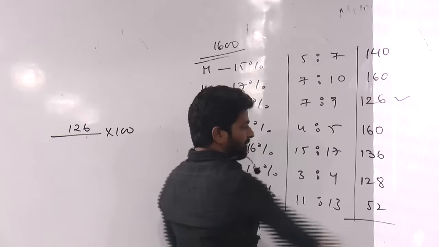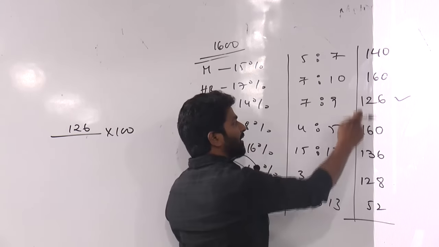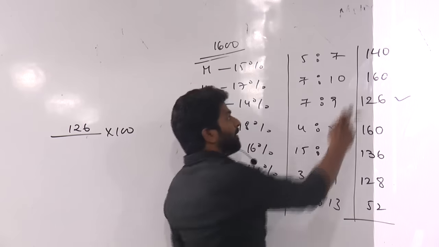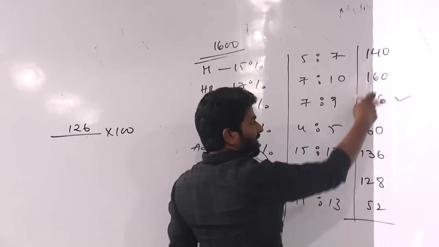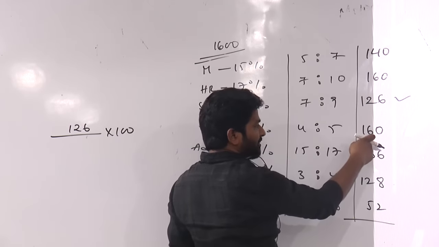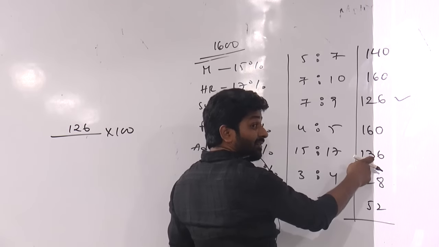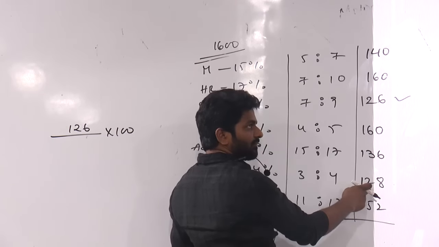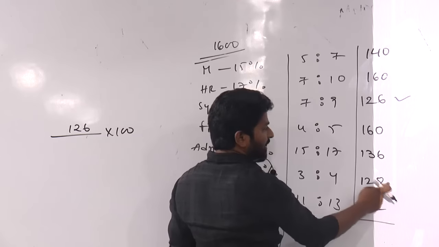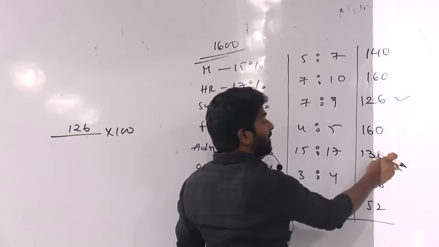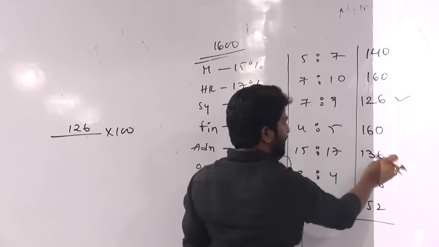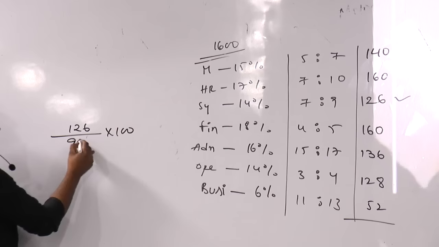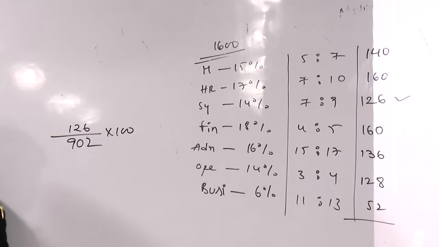Right, you need to add everything. 100, 100, 100, 100, 100, 100, 600, keep it aside, okay? 700, 720, 780, 810, 830, 880, 890, 890 plus 12, 902. Out of 902, you need to calculate what percent 126 forms.